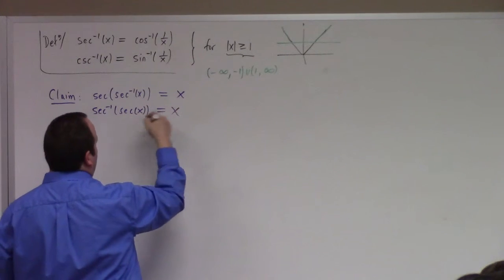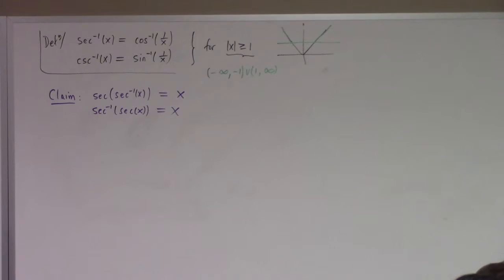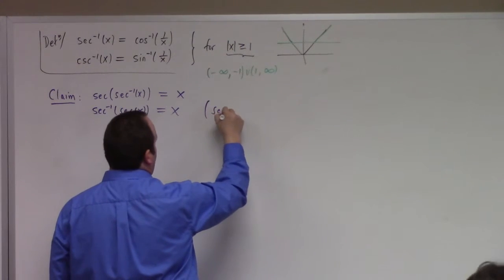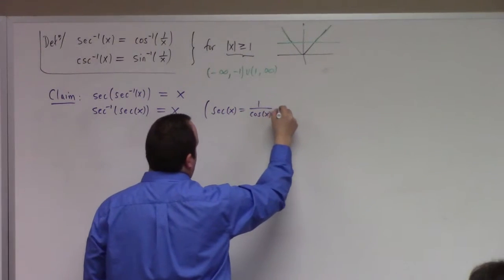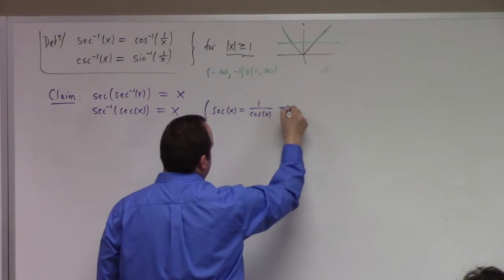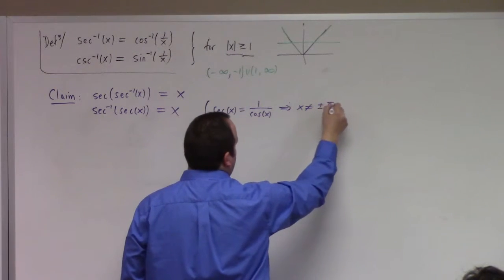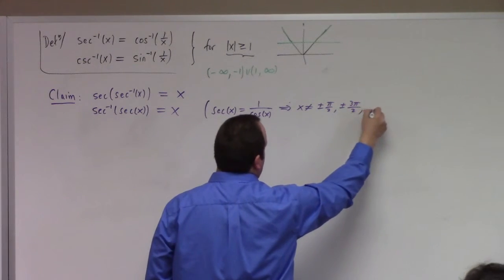Now this won't be the same x, but what's the domain of secant? Secant's 1 over cosine, so x is not equal to plus or minus pi over 2, plus or minus 3 pi over 2, and so forth.